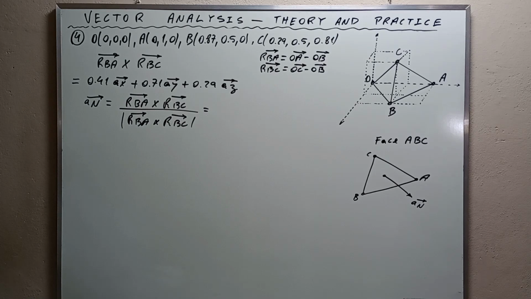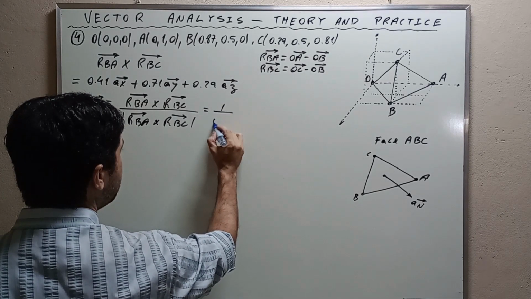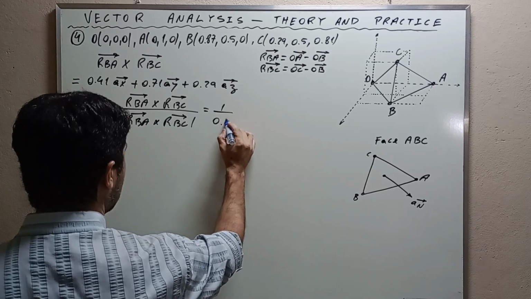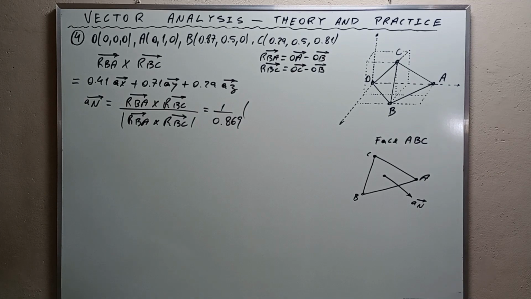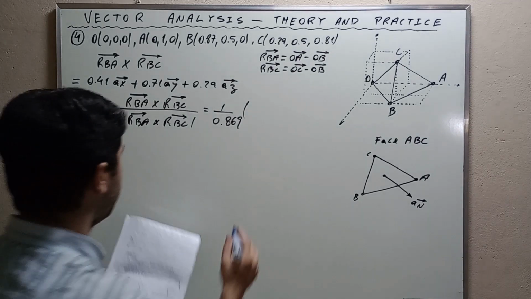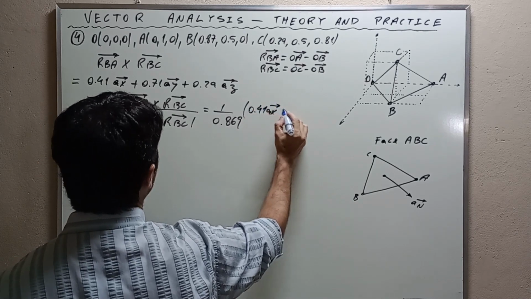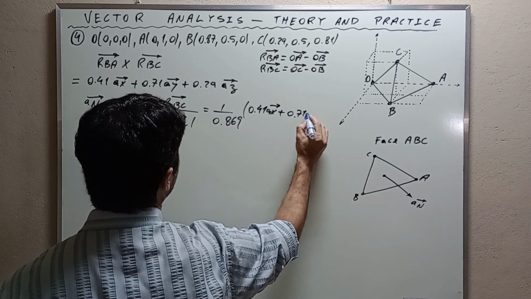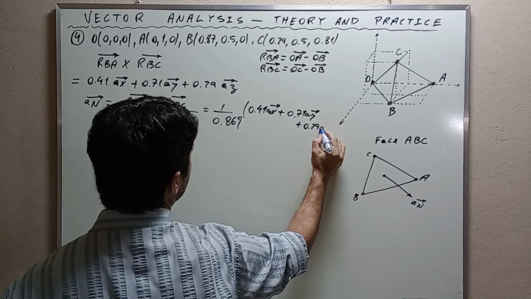And how about the magnitude? I'm going to let you try. And I am going to simply tell you that the magnitude is 0.869. And the vector is, as aforementioned, 0.41 AX plus 0.71 AY plus 0.29 AZ.